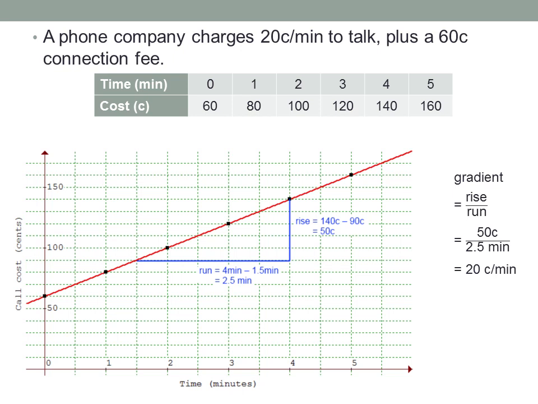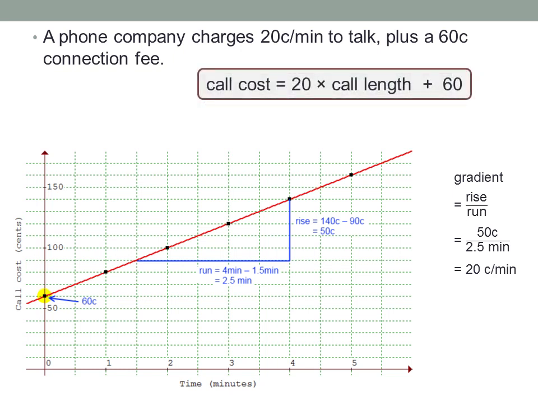And what's the y-intercept? What's the value on the line at 0 minutes? It's 60 cents. And 60 cents is just the connection fee. So the gradient is the rate, and the y-intercept is the connection fee. Is that what you predicted?